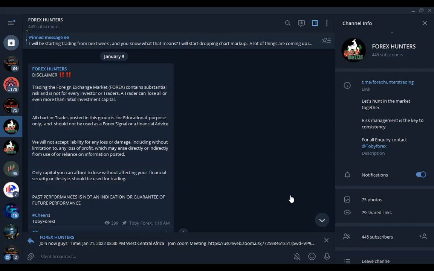I was trying to short here. This is what I was trying to short, and my take profit was just here. Let me zoom in clearly. This GBP USD. All right, so I was trying to go short.